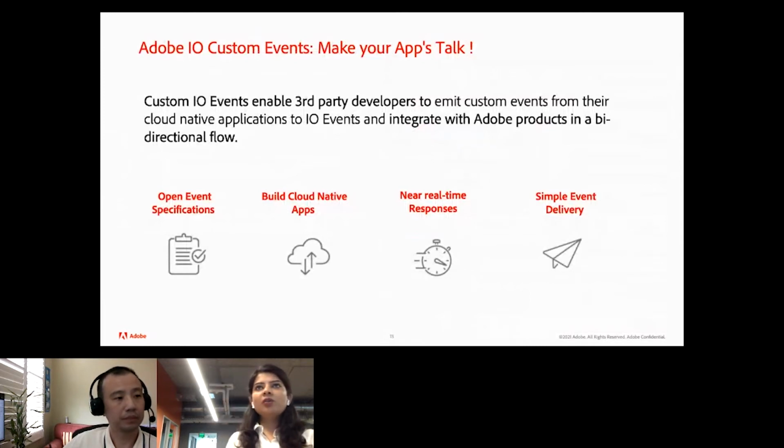Now, while I/O Events offers the product events, with App Builder we have this new feature of custom I/O Events. What custom I/O Events does is enable all our third-party developers to emit custom events from cloud-native integrations or applications. So for example, in this scenario, you have an app and you want that app to send or generate some kind of custom events that talk to the Adobe services.